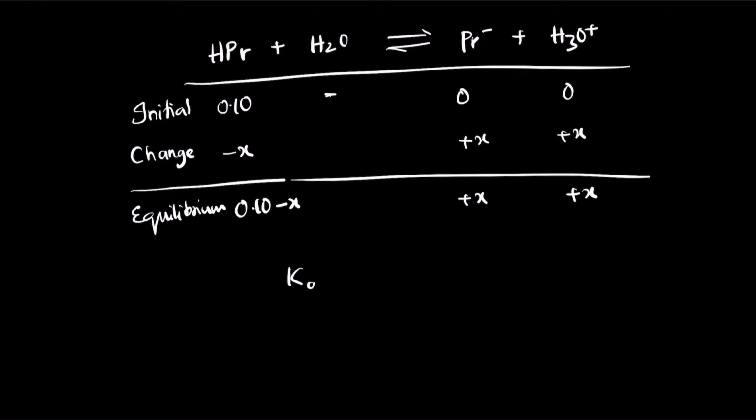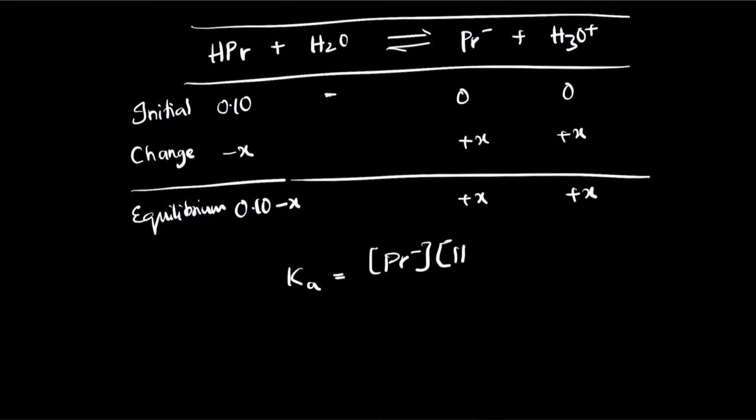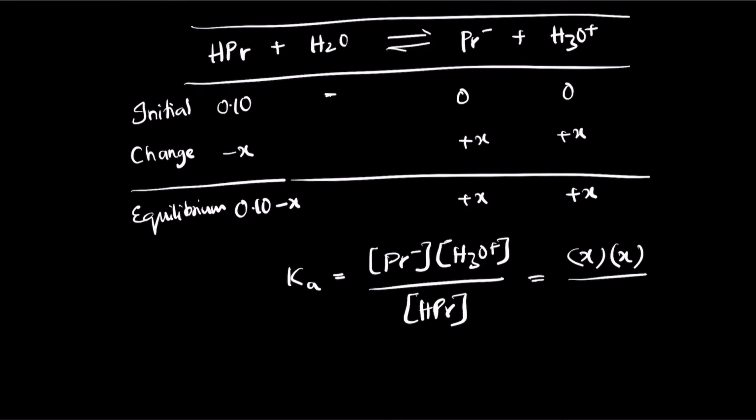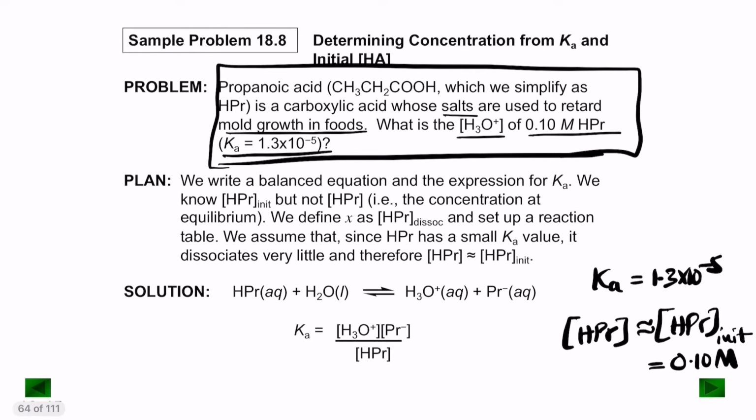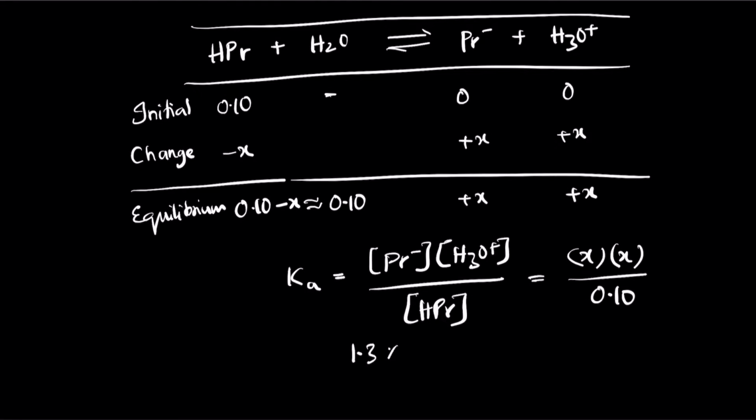The Ka formula becomes the PR minus concentration times H3O plus over HPR concentration, which becomes x times x divided by HPR. Notice that this is nearly equal to 0.10, so we can write 0.10. So from the data, Ka is 1.3 times 10 to the power negative 5 equals x squared over 0.10.